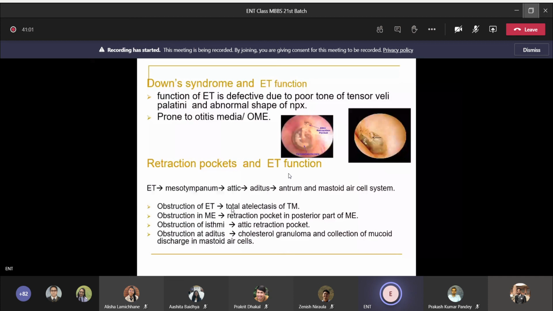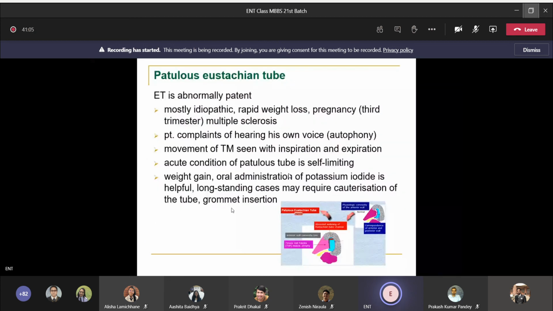Now sometimes there can be a patulous eustachian tube, which is abnormally patent. It is mostly idiopathic and does not occur so often, but it is seen in people with rapid weight loss, in pregnancy, and in some cases of multiple sclerosis. The patient complains of hearing his own voice, that is autophony, and movement of the tympanic membrane is seen with inspiration and expiration.